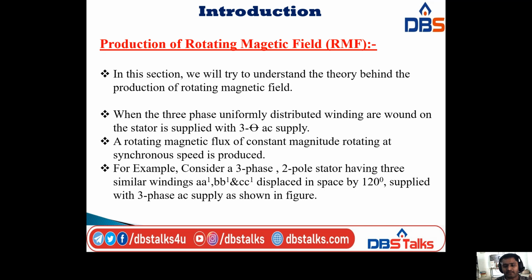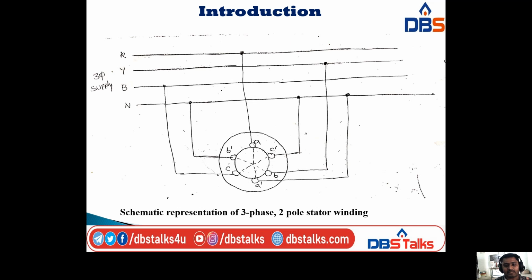I will show the diagram, after which you will understand this. This is the schematic representation of the three-phase two-pole stator winding. Here the three phases are R, Y and B, and we have one neutral connection also. Here I am taking a stator winding.